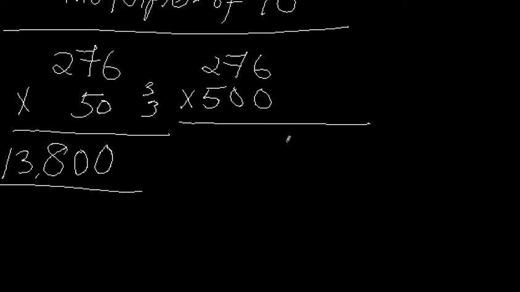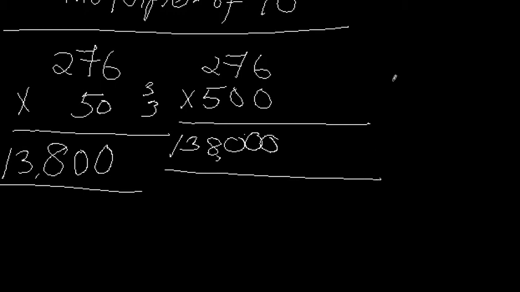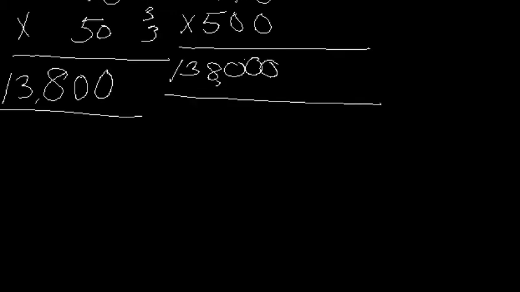So let me write these 2 digits at first. 0 0 will always be there in the product, and then I multiply 276 with 5, which will come as 1380, since we have done it in the last multiplication. 1380. This is my result when I multiply 276 with 500. Let me show another example.